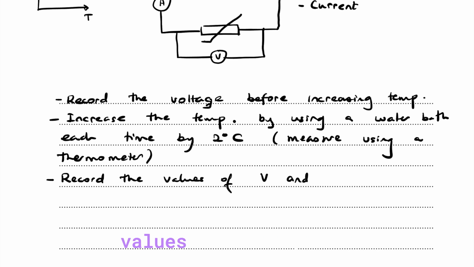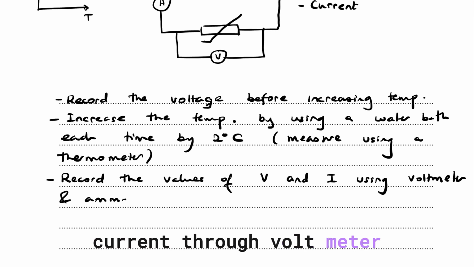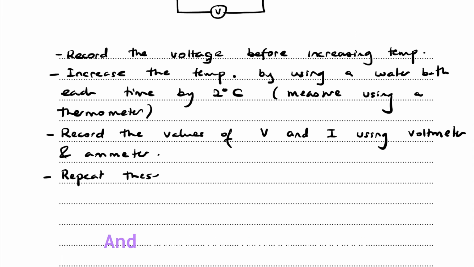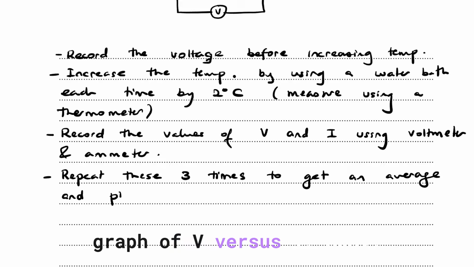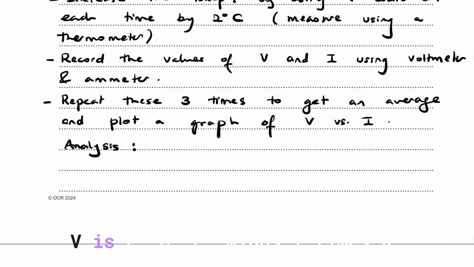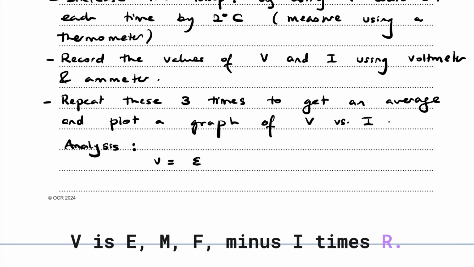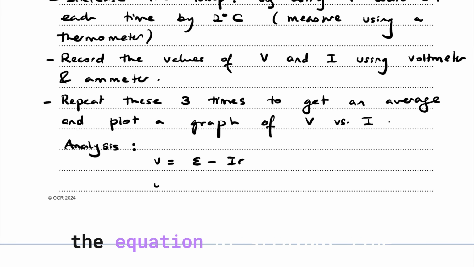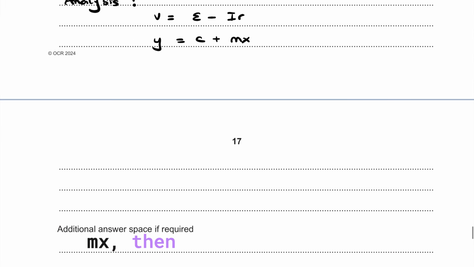Then we would record the values of voltage and current through the voltmeter and ammeter respectively, and then we would repeat these readings 3 times to get an average and plot a graph of V versus I. Then, in terms of the analysis of the results, we know that V is EMF minus I times R. If we compare this with the equation of a straight line, y equals C plus mx, then m will be negative R, or internal resistance, and C will be the y-intercept.